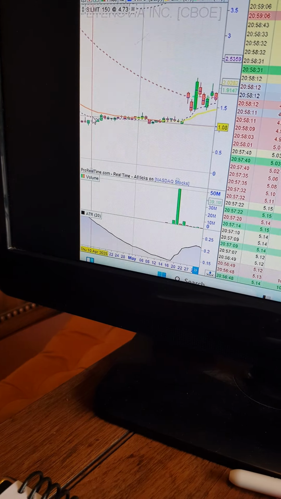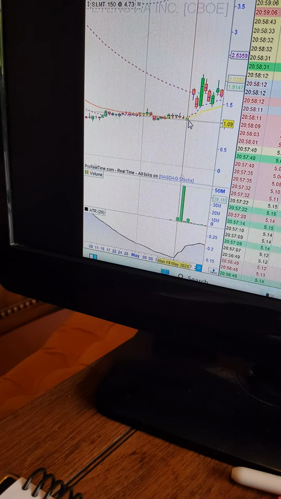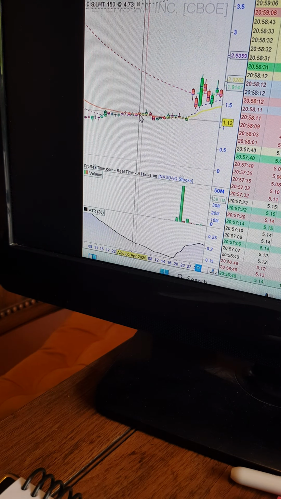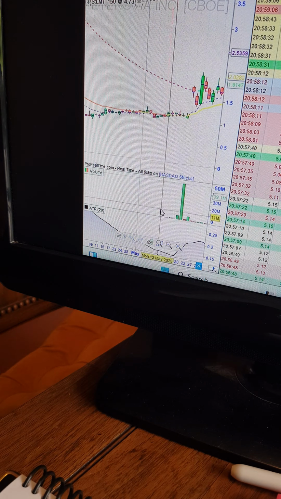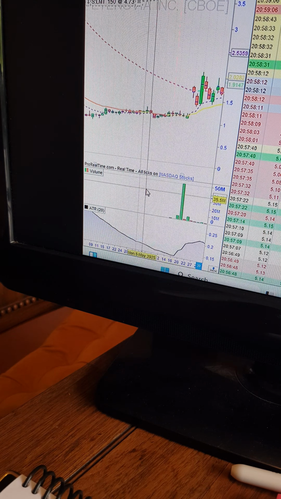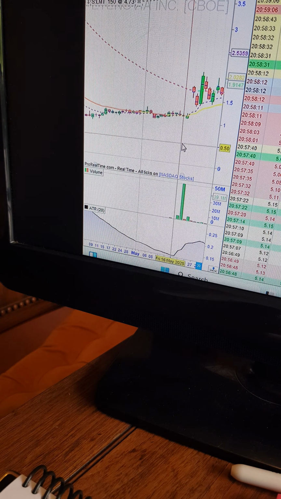It's just moving sideways here for a number of weeks and months around $1, and it's not really doing anything. The volume is down here, there's no volume traded. So you just ignore stocks like that. You don't pay attention. They're not in play. So we have to focus on what stocks are in play.